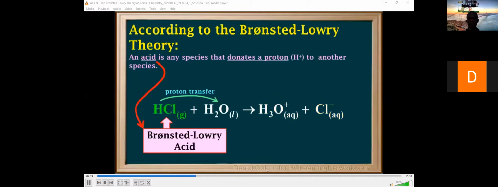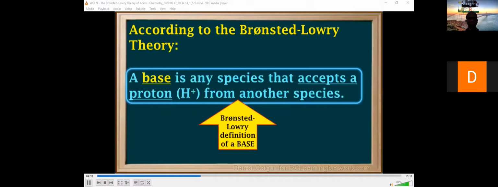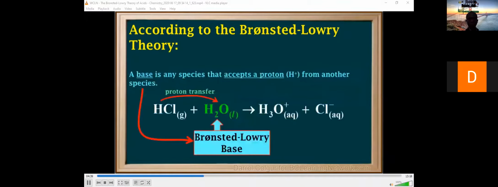Because the HCl is losing or donating a proton, according to the Bronsted-Lowry theory, it is called an acid. To indicate this, we often call it a Bronsted-Lowry acid, or Bronsted acid for short. According to the Bronsted-Lowry theory, a base is defined as any species that gains or accepts a proton, or H+ ion, from another species.